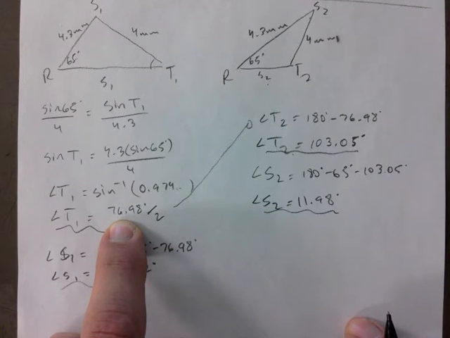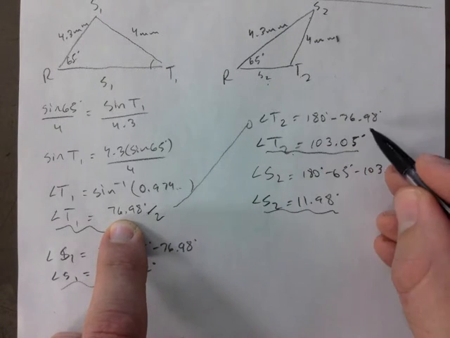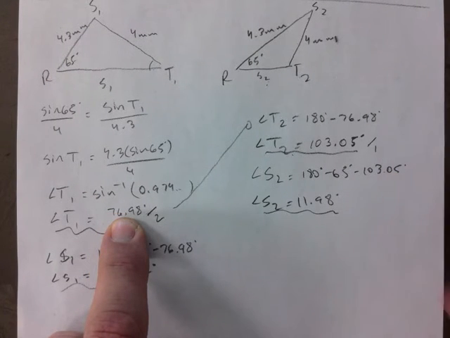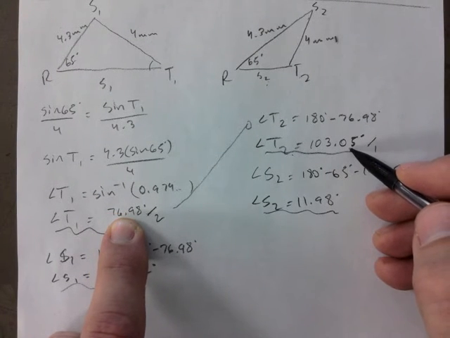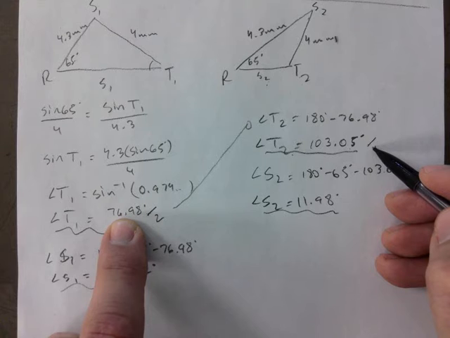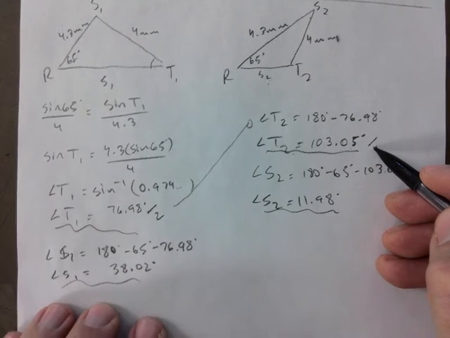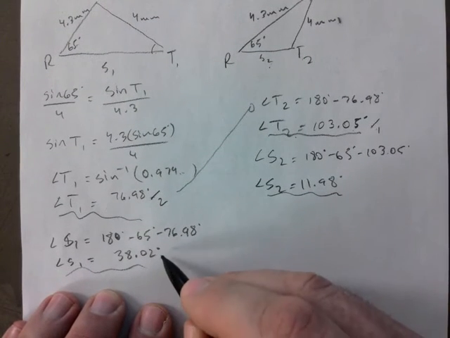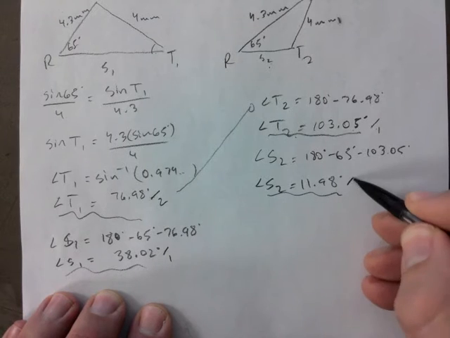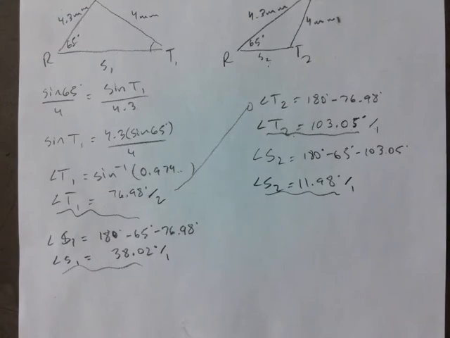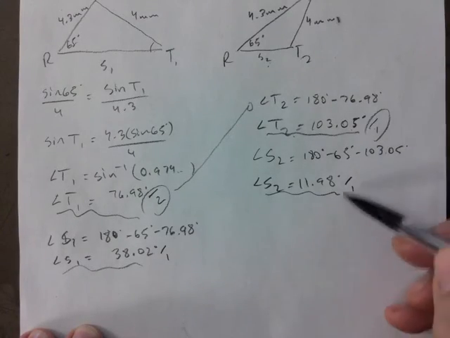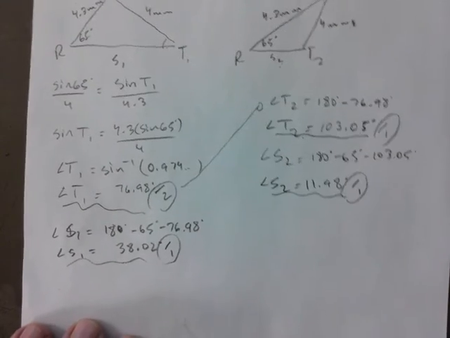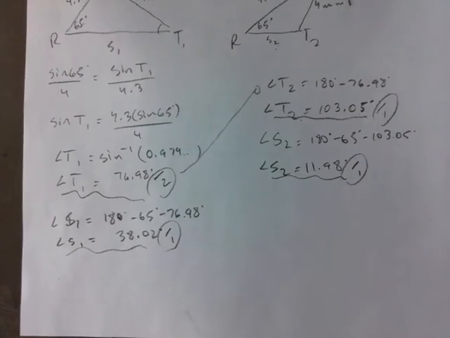Okay. You get a mark for subtracting the angle you found from 180 to get T2. That would be another mark right there. I will give you 1 mark for this, 1 mark for that, for S1 and S2. So you've got 2, 3, 4, 5 so far, and here come the other.